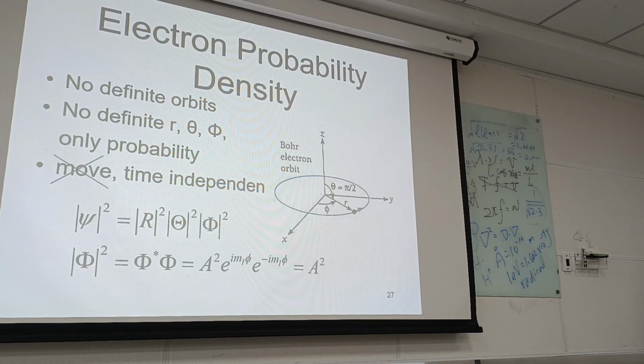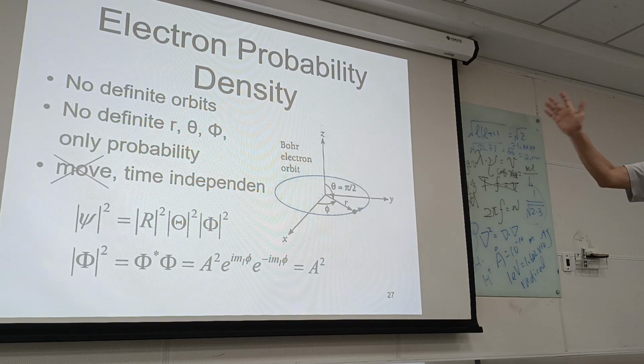And also, what's the probability density? What's the difference between the Schrödinger equation and the Bohr model? First, the Bohr model says we have some orbit, n equal to 1, but in the Schrödinger equation, there is no orbit.